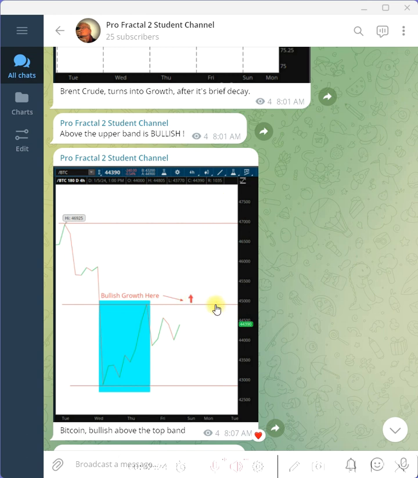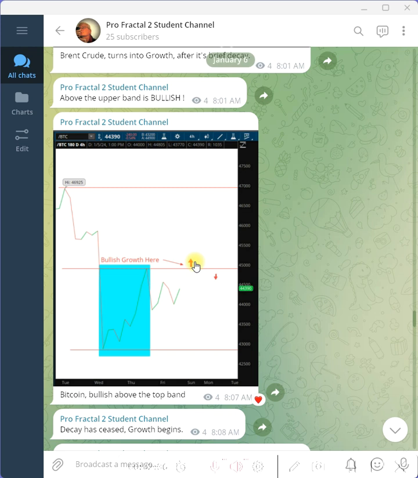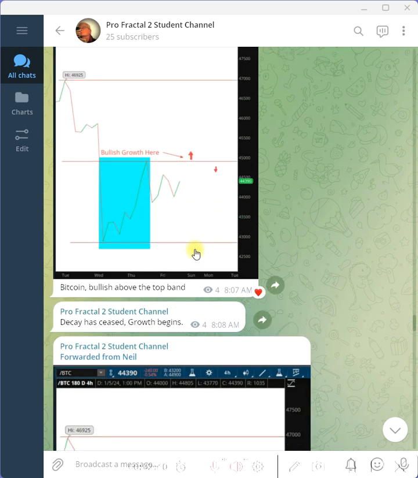If it holds here, it'll trend down. Again, a typical growth fractal indicating a continued rally. That's Bitcoin, I'm sorry. Okay, decay has subsided and it's going to start to grow around here.